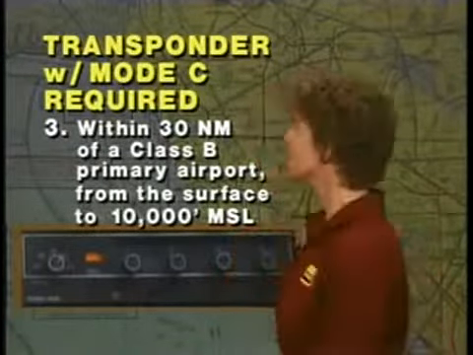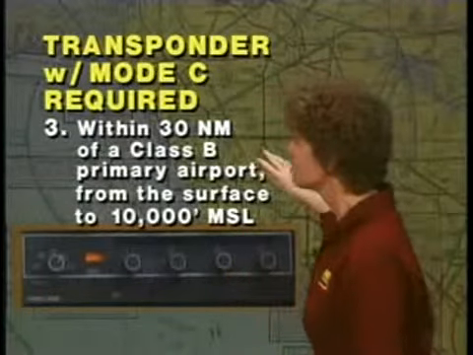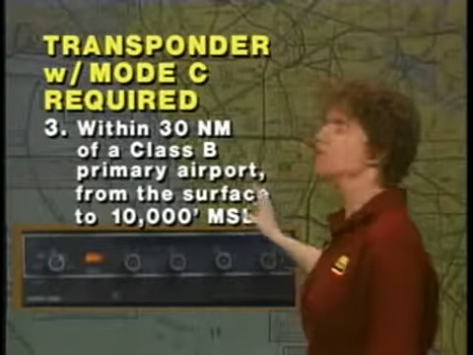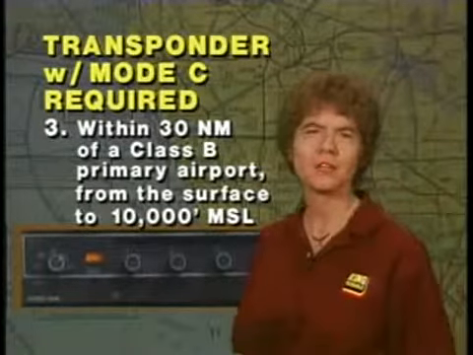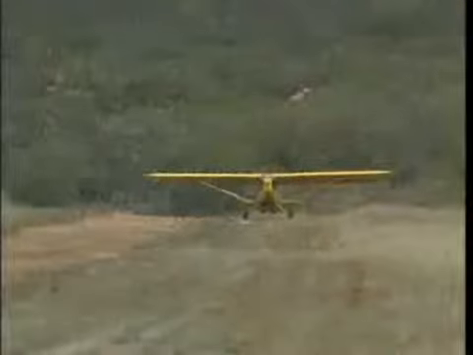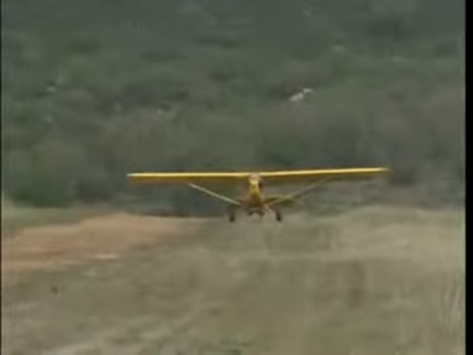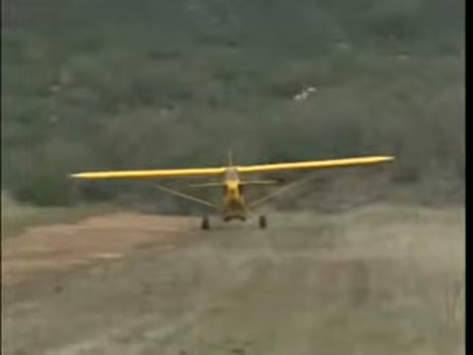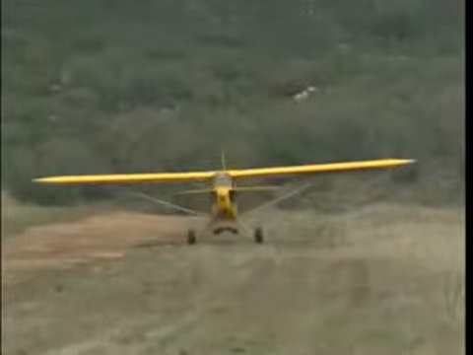Number 3, you need the transponder with the altitude reporting if you're within 30 nautical miles of a Class B primary airport, and you need it from the surface up to 10,000 feet MSL. Now remember, we have an exception to that 30 nautical mile veil, as we discussed earlier, and that's for aircraft without an electrical system.